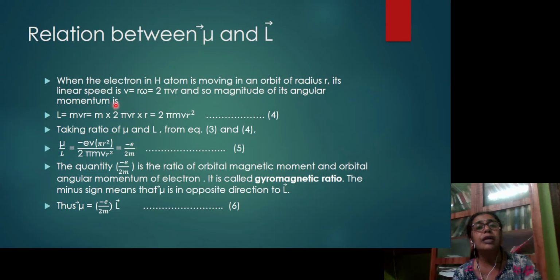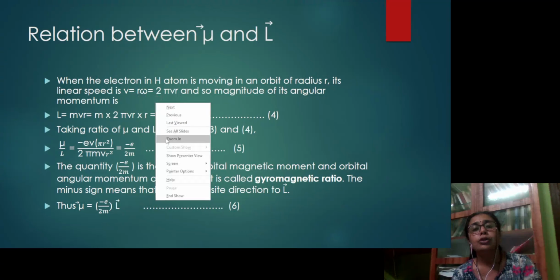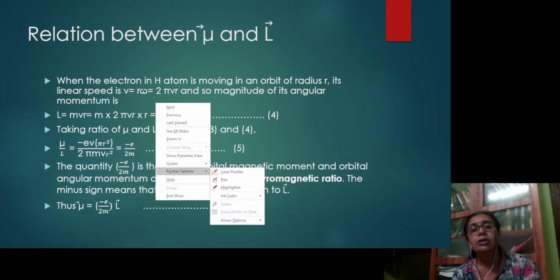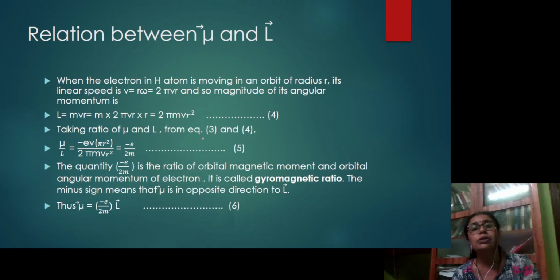So the magnitude of the orbital angular momentum is L, which is equal to mvr. V is velocity, so that will be equal to m into 2 pi nu r multiplied by r. Please make this correction: this has to be nu because it looks like v. So that there should not be any confusion, I will just make it nu.